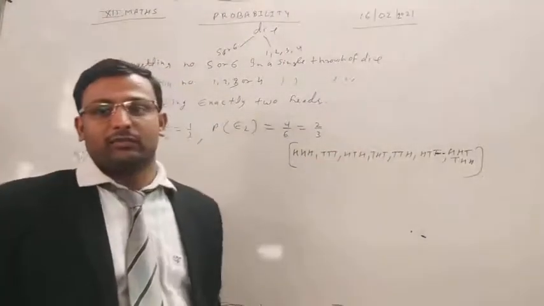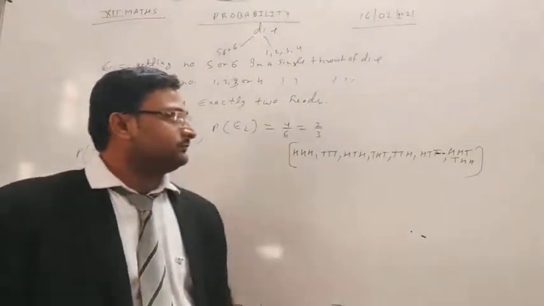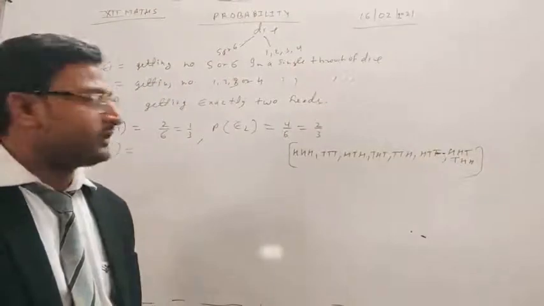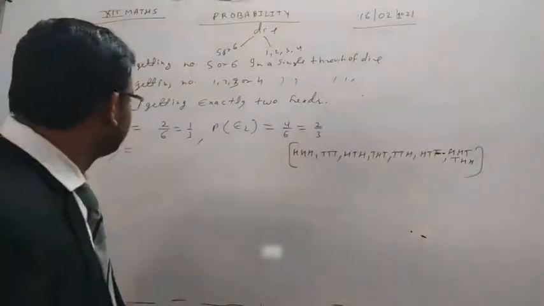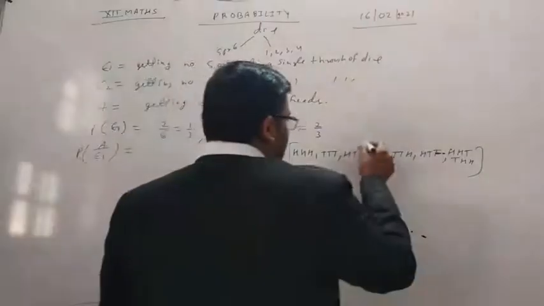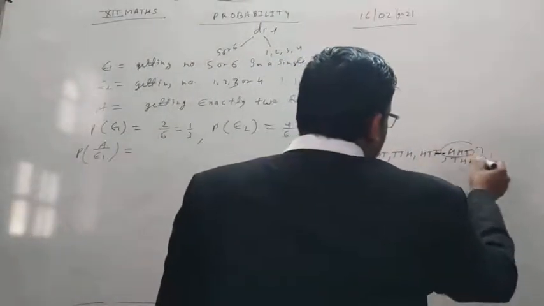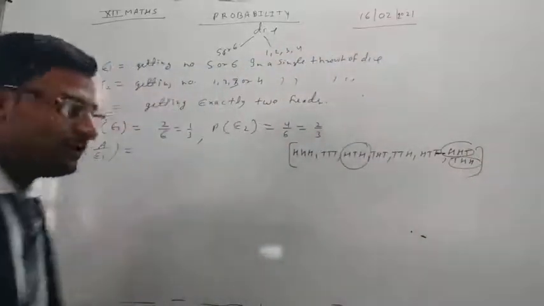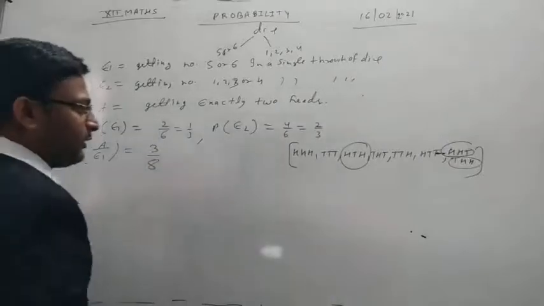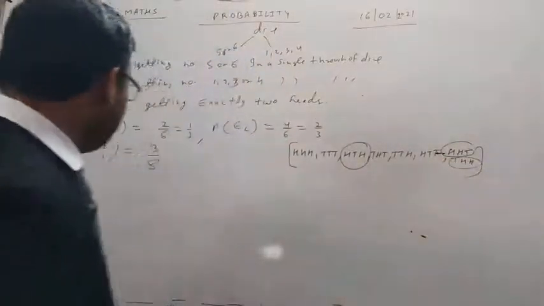So in the case of throwing 3 coins, there are 8 cases, and in these 8 cases she gets exactly 2 heads in 3 of them. So the probability of this will be 3 by 8, because exactly 2 heads occurs in these cases.